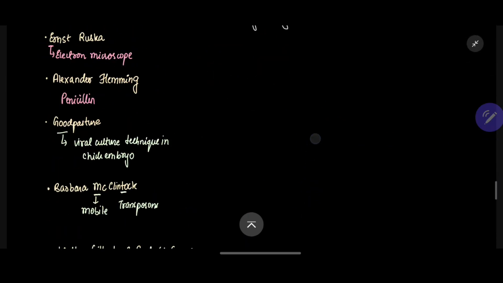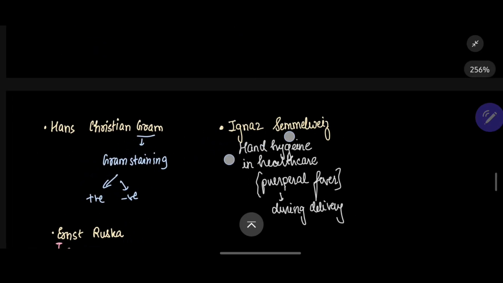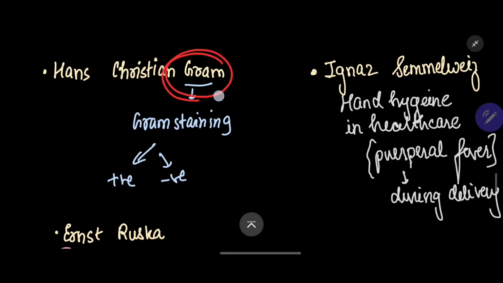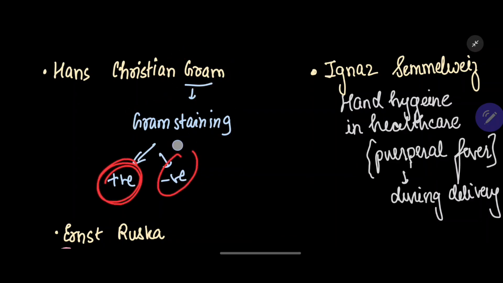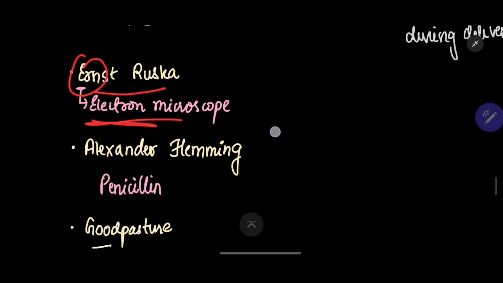Moving on to our other scientists. These are just a few names, and then we'll be done with this chapter. So first one is Hans Christian Gram. In his name it's written he gave the gram staining, which will differentiate our bacteria into positive and negative. Moving on, Ernst Ruska, E is for electron microscope. So Ernst Ruska gave the electron microscope.